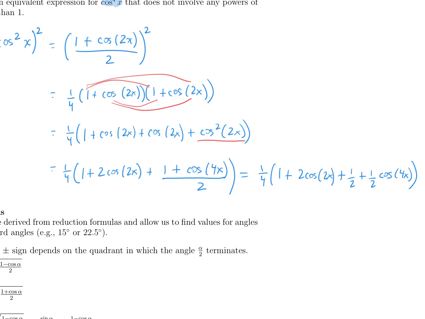As you can see, I split up the 1/2 and the 1/2 cosine 4x. Then the final thing I'm going to do is combine these two like terms, 1/2 plus 1. So 1/2 plus 1 is 3/2, and that is our final answer.